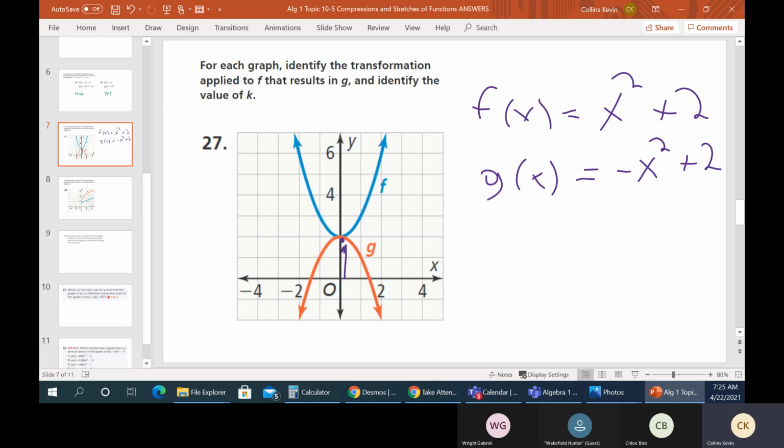So what we have here is a reflection around the line y equals 2, which would be the line going across here. That wasn't half bad, actually. So this is y equals 2 right here. Anytime you have y equals some number, that just means that we have a flat line going across at that number.